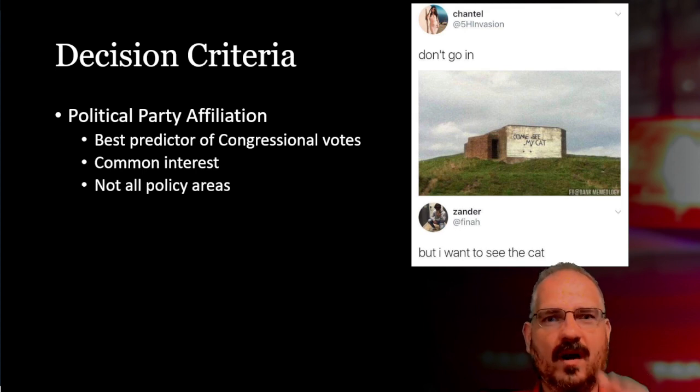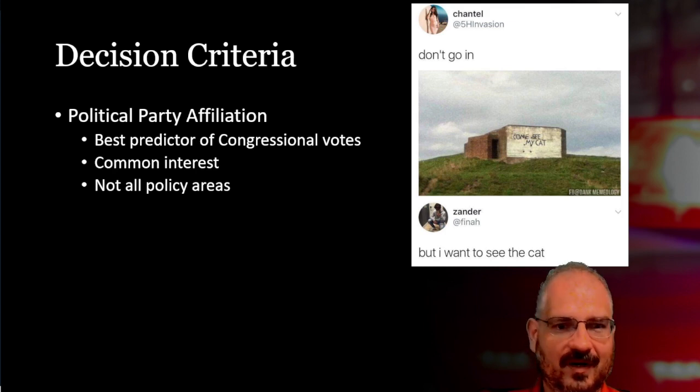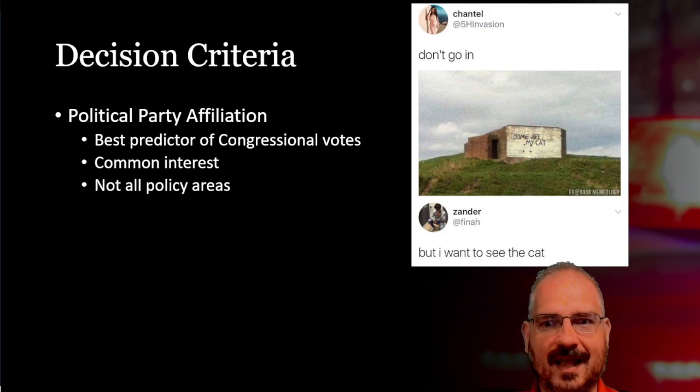If you only know one thing about a legislator or a potential legislator and you want to predict how they're going to vote on a certain topic or a certain law, knowing their party affiliation is the one piece of information that will give you the best chance of successfully predicting how they're going to vote on that particular issue.